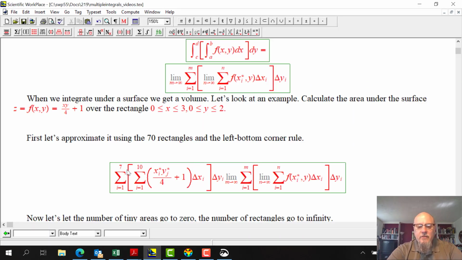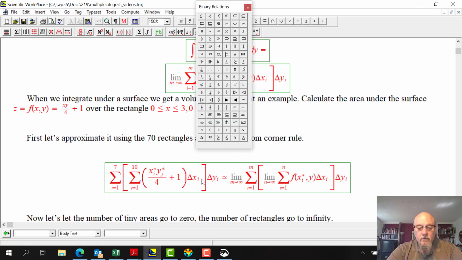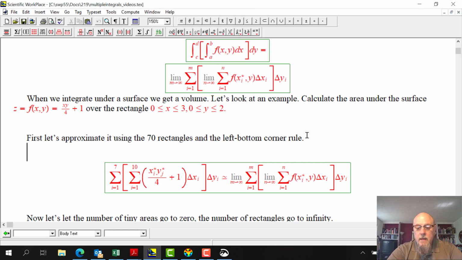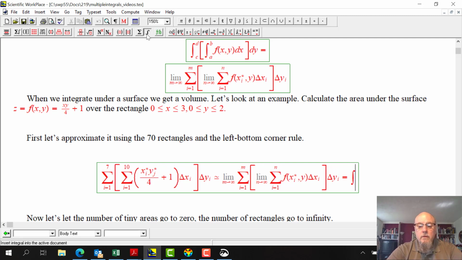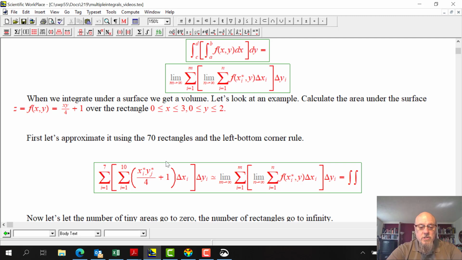But since we're going to let the limit as m and n go to infinity anyway, so that's approximately equal to. The reason why there's an approximation is because this is only going to 7 and 10, whereas this is the limit as n goes to infinity, and this is equal to our double integral of the function.